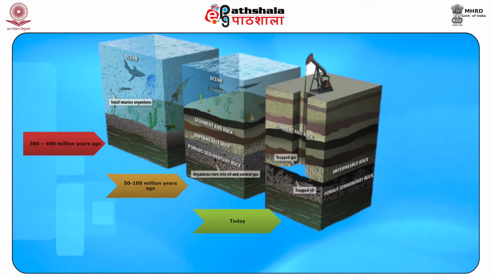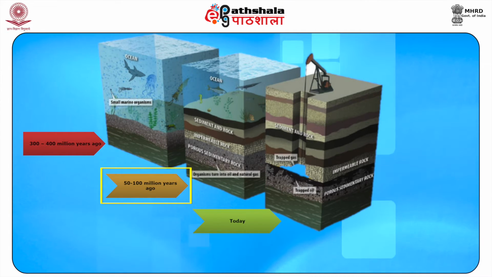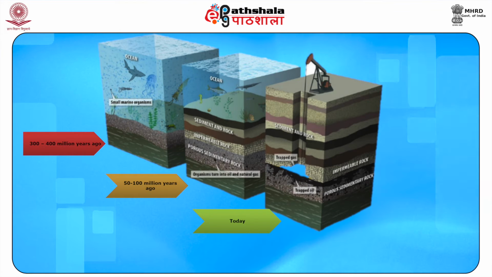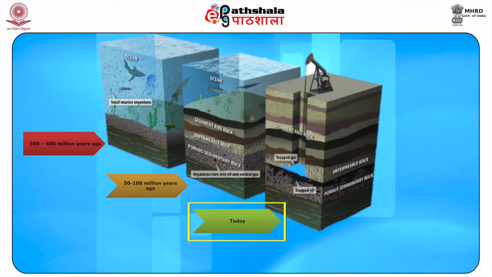In the course of millions of years, decayed plant and animal remains remained buried under thick layers of rock. The enormous heat and pressure turned them into oil and gas.